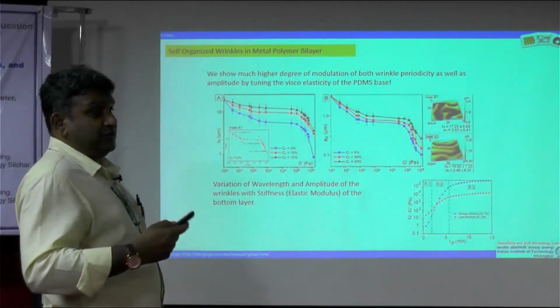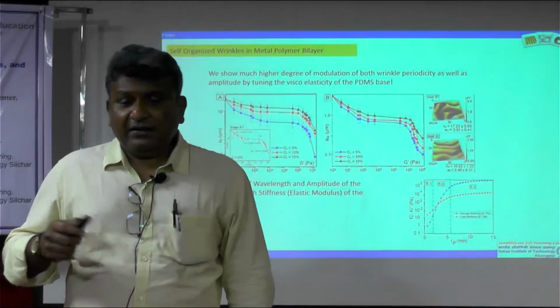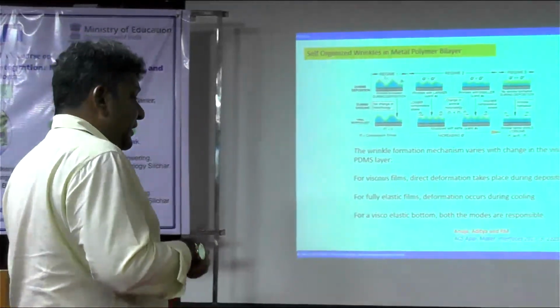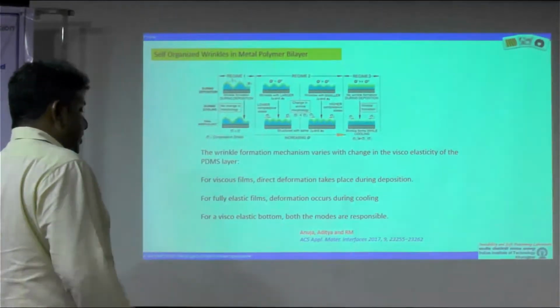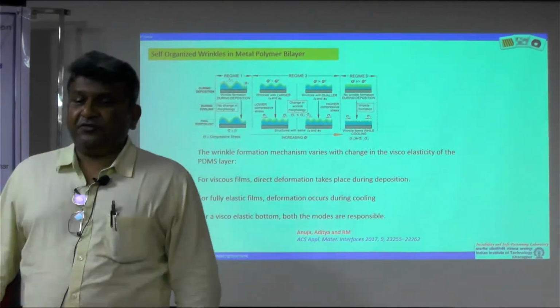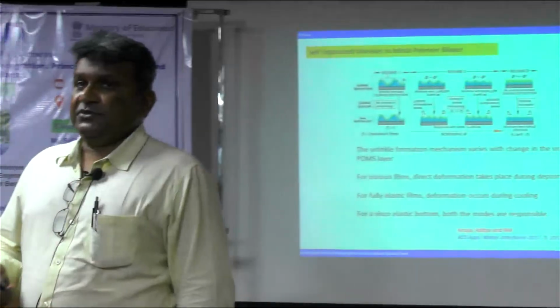The feature heights could also be tailored. And then we realized, of course, there's no theoretical model available for that, that the mechanism of the wrinkle formation itself was varying from system to system.